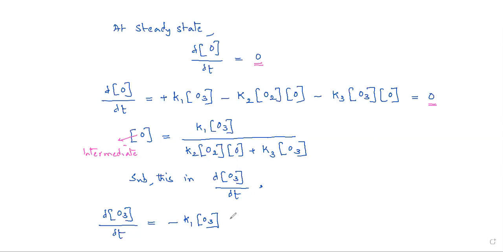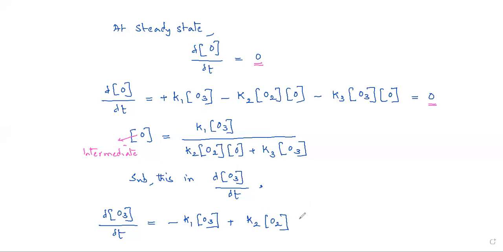So let us take that as K2. Of course, O3 is formed in the second step, reacted in the third step. So here it will be positive, plus K2 into O2 is what we have. Hope you remember. Then you got O.